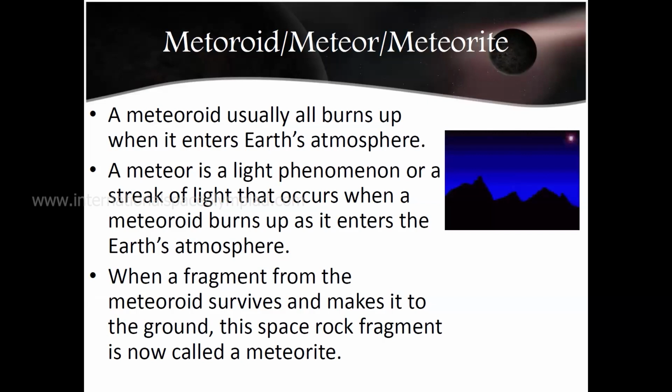But there are some meteors which are large enough and the remnant can reach the surface of Earth. When that happens, if we find it, we call it a meteorite. So a meteoroid is an asteroid when in space, when it is in the atmosphere we call it a meteor, and a meteorite when it hits the Earth. We have studied about it yesterday.